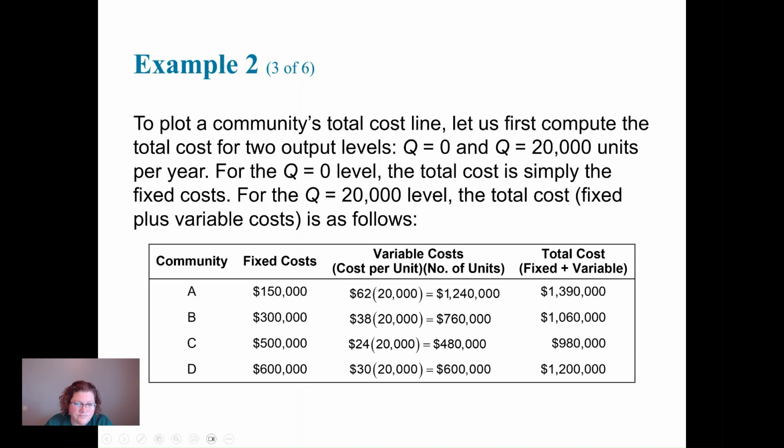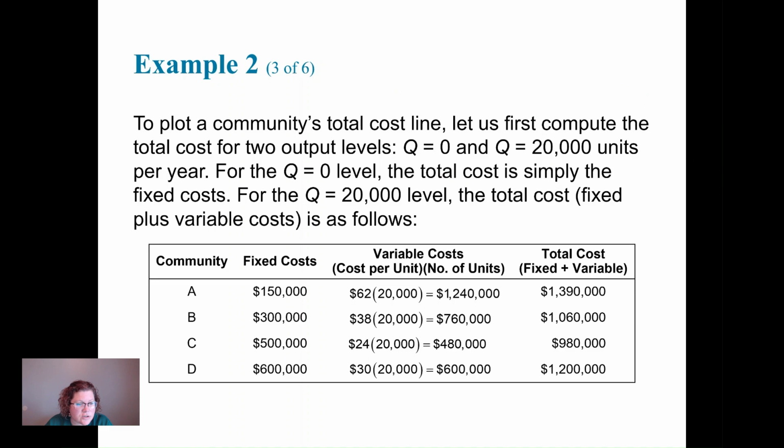When we are plotting total cost lines, your fixed costs are basically your intercept point of the y-axis, and your variable costs are per unit. So the slope of your line is determined by your variable cost. For community A, we had $150,000 fixed cost.